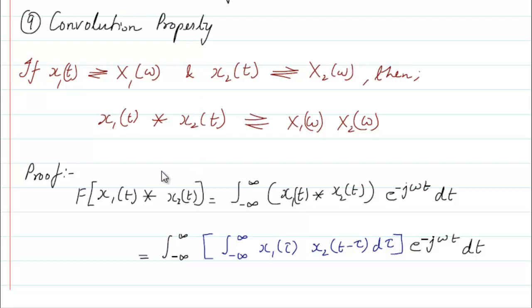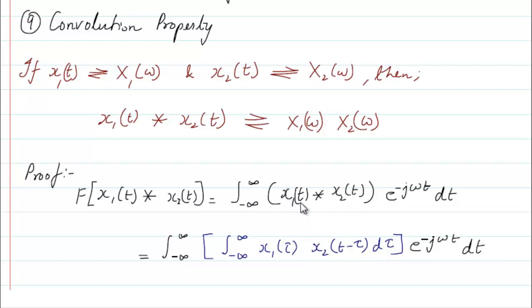Okay, so what is the proof? If I want to take the Fourier transform of any function, all I have to do is substitute the function in this particular equation, multiplied with e raised to power minus j omega t dt. Now I am trying to write the equation of the convolution of x1 of t with x2 of t. I have used a blue color here.